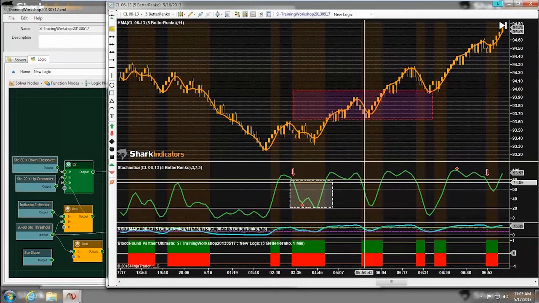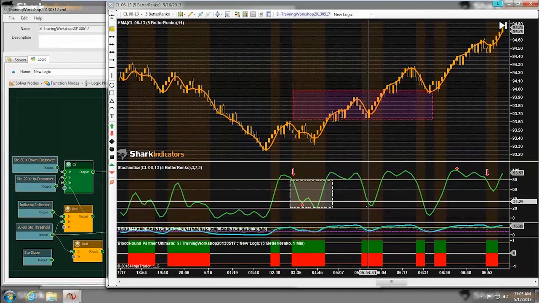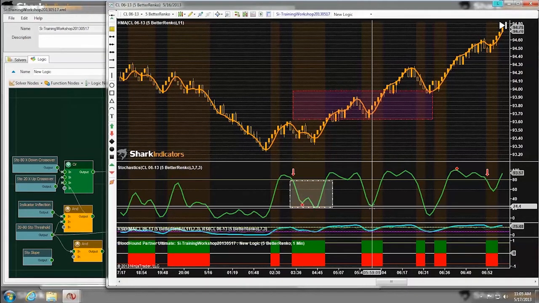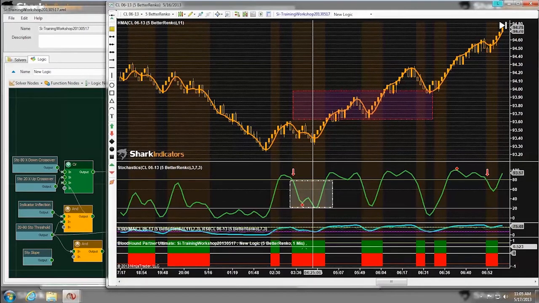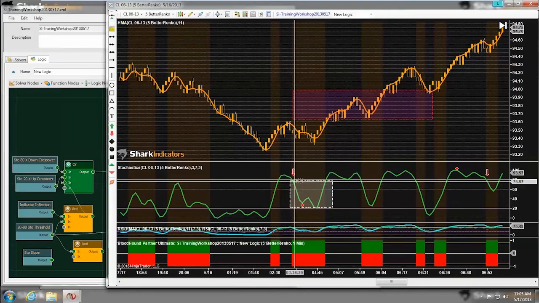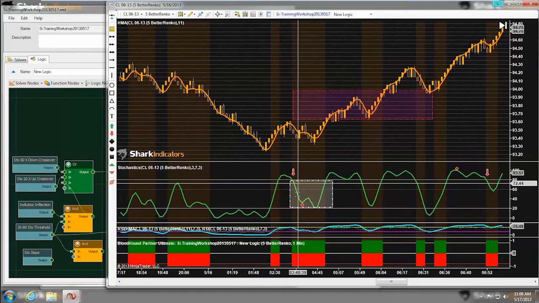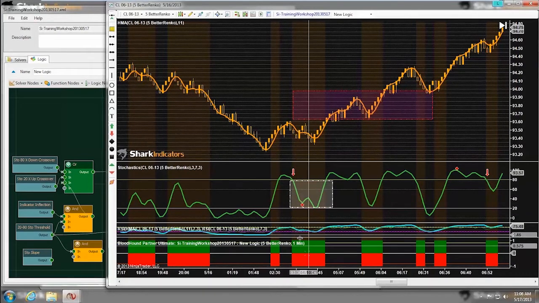So when our indicator's in this no man's land, we don't know whether we're going to be going long or short. All that we're using this indicator for is just marking that our indicator is within this region. So that's why we need a long and a short. We just want to mark that our indicator is within this region.